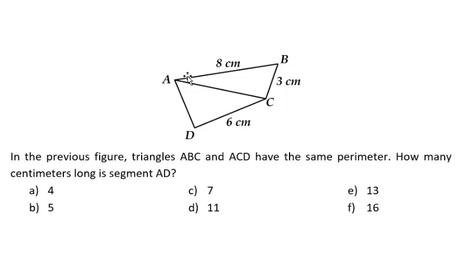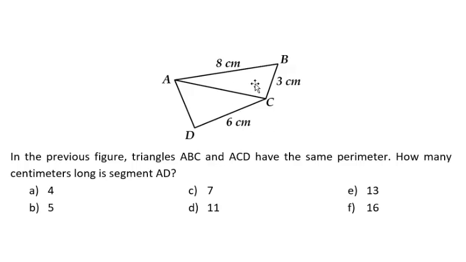Okay, so the perimeter of ABC will be 8 plus 3 plus this thing that I don't know. Another way to say it is AB, because instead of A, I could say from A to B, because that's 8. From B to C, I add that other side, and from C to A. AB plus BC plus AC or CA. It doesn't matter in which order you mention them.